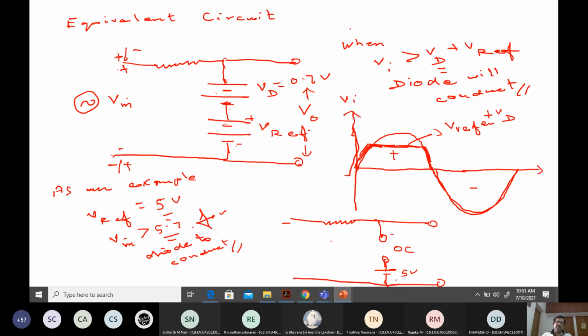You have to consider the way you have connected the diode, and this is my positive. So input in the negative half cycle, you have to think. So this is my constant voltage drop model. Agreed. But you see here, this is always 5 volt.